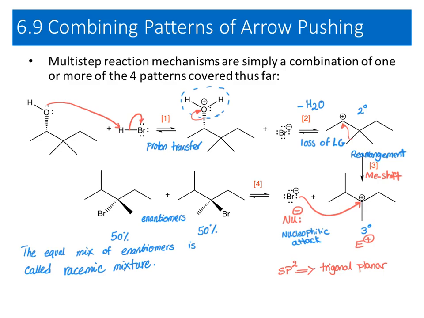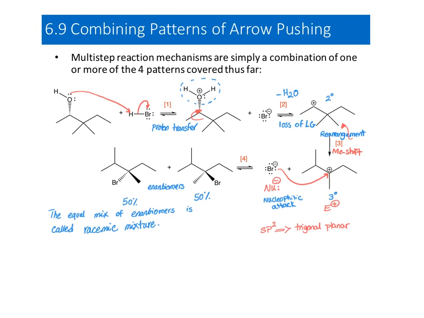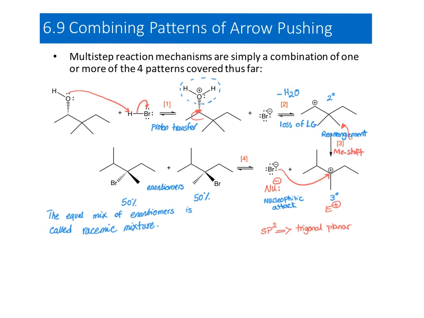Now let's look at another example here. Okay, so sodium is the counter ion and we have SH. This is an example of a substitution reaction, which we are going to talk about in chapter 7.